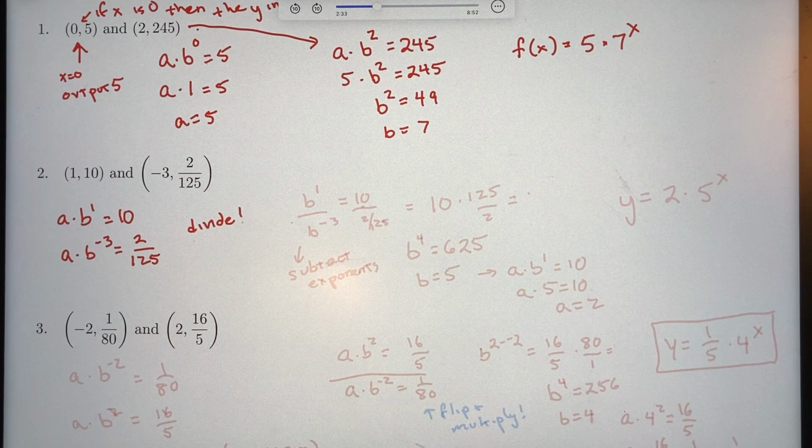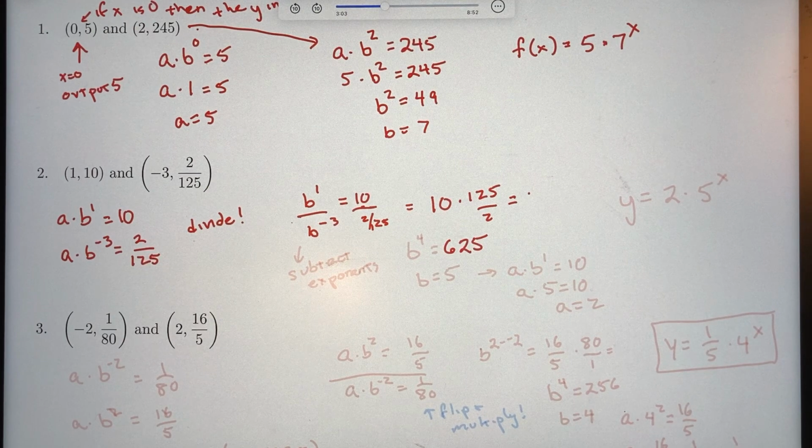It'll get rid of a. Just don't forget when you divide by a fraction, you flip and multiply it. Calculator says this is 625.